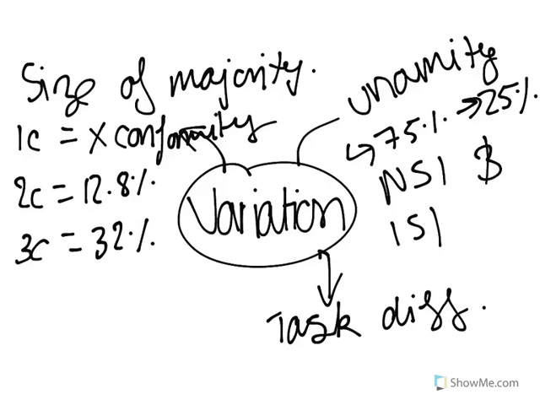So this really supports normative social influence, because they have the desire to be liked by the majority of the group. So yeah, that is all of Asch's study.